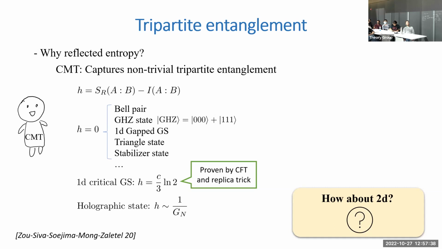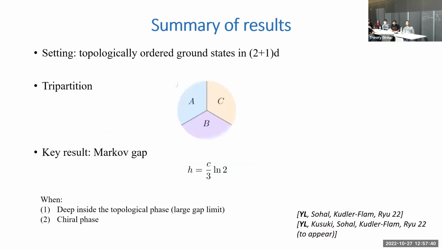So, let's now move on to talk about this 2D case. Basically, we want to compute the tripartite entanglement in the setting where we have a topologically ordered ground state in two spatial dimensions, and with the tripartition that Clay mentioned before, where we have regions A, B and C joining at one point.